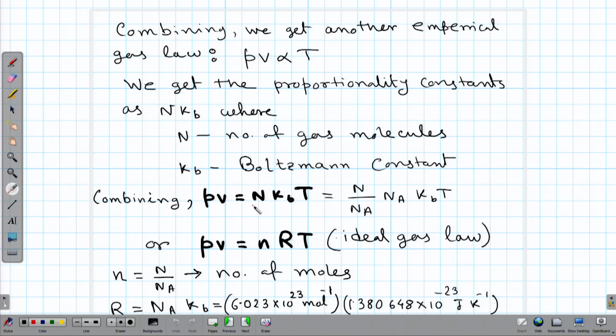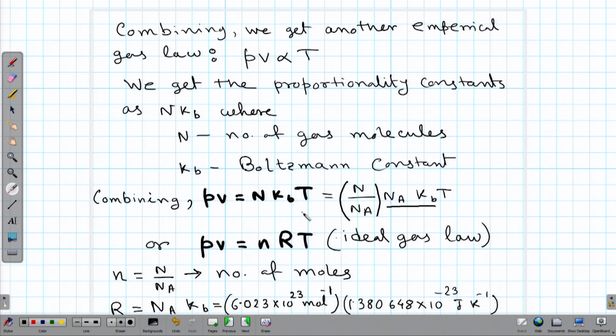Now, instead of N, we can write N by Na times Na into kB T. This quantity N by Na is nothing but the number of moles of the system, and Na times kB is another constant, because Na is a constant and kB is a constant, so the product is also a constant R. So we get the celebrated ideal gas law, which is PV equal to nRT or PV equal to N kB T. Once again, there is scope for confusion.